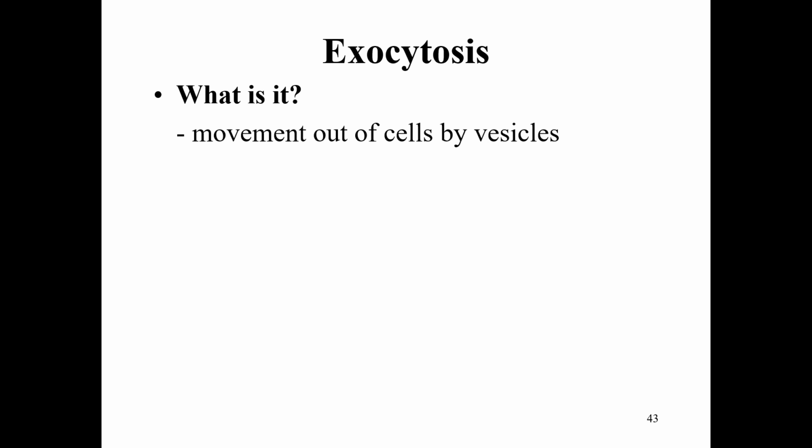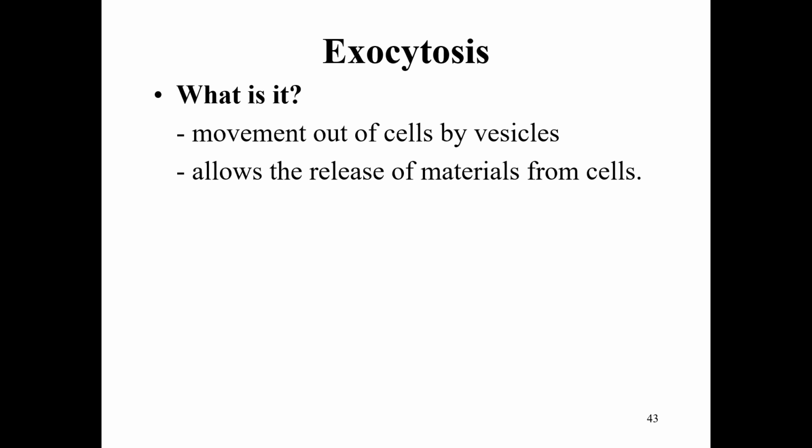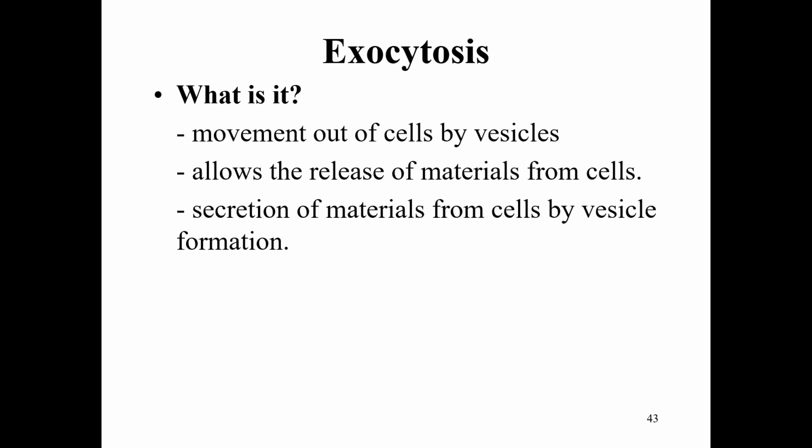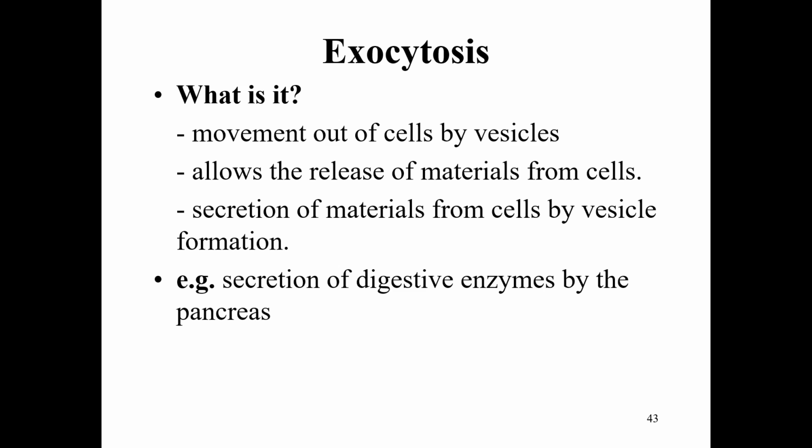Next, we have exocytosis. It is the opposite of endocytosis, in which material goes outside the cell. It is movement out of the cells by vesicles. It allows the release and secretion of materials from cells by vesicle formation.